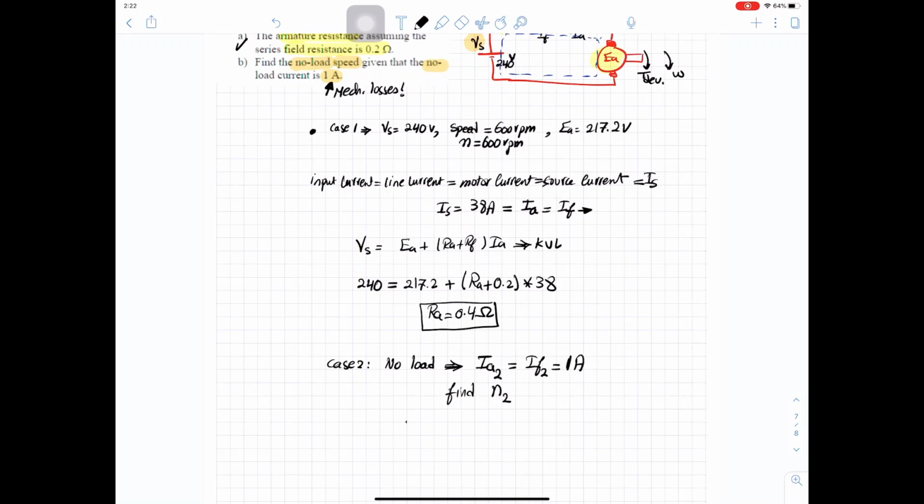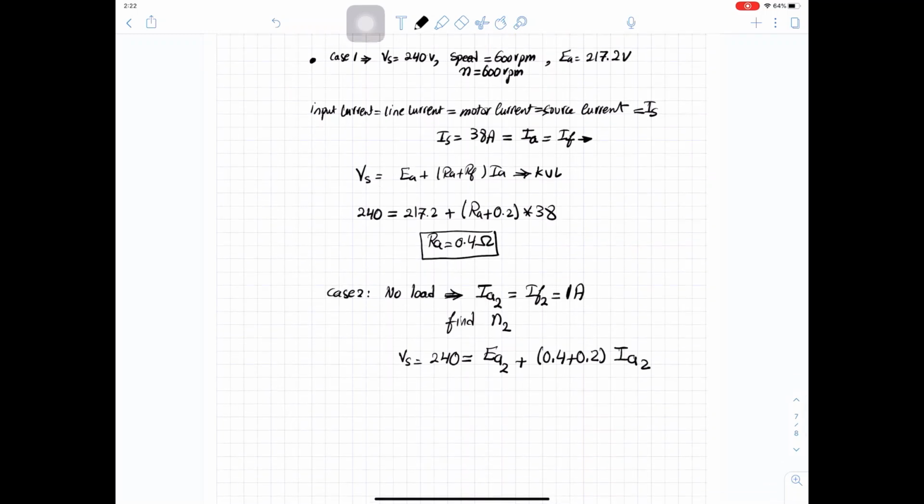We will say V source, which is 240, equal to EA in case 2 plus (RA is 0.4, RF is 0.2) multiplied by I armature 2. Here we have only one unknown in this equation because I armature 2 is 1 ampere as given.